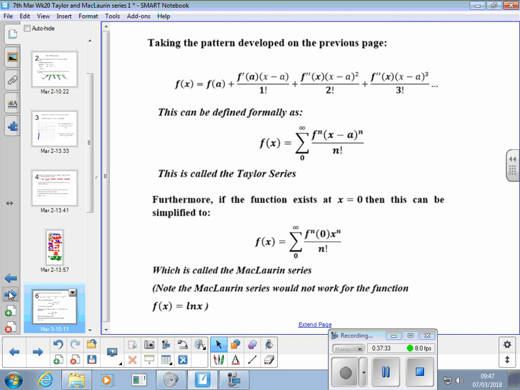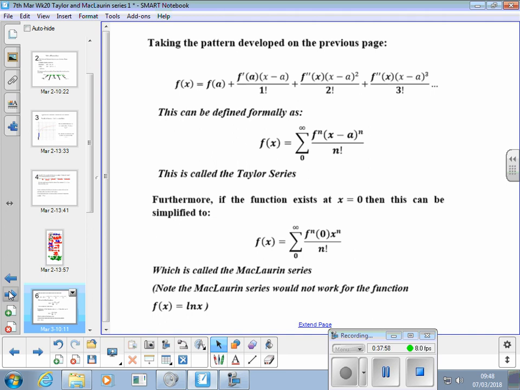Furthermore, if this function exists at the point where x is equal to 0, we can simplify that formula to f of x is the sum between 0 and infinity of f to the n at 0, times x to the n, over n factorial.